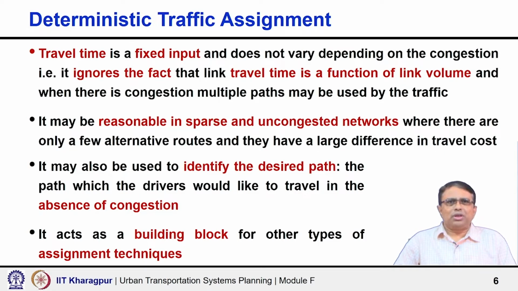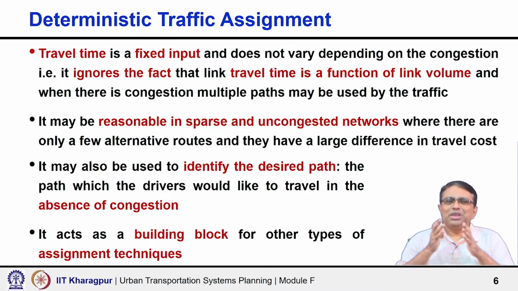So, that is what we say, that it may also be used, the second part, to identify the desired path, what it shows, ideally what people would like to do. So, it may be the best choice, provided there is no congestion. We can say that the shortest path I am getting now is almost like an ideal choice for people, if there is no congestion. Had the capacity been enough as compared to the demand, then everybody would have travelled along that path only, and your solution could have been the correct one.